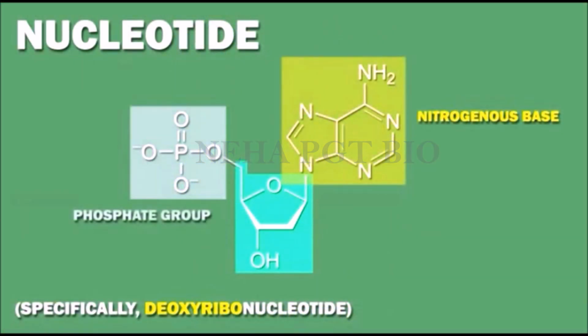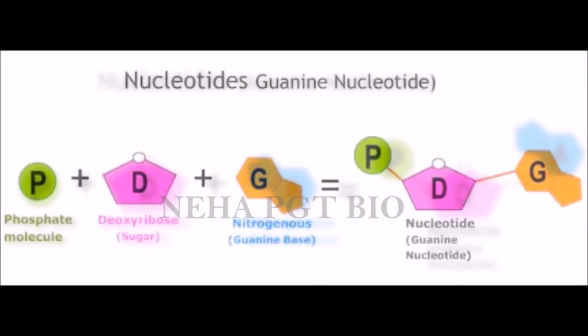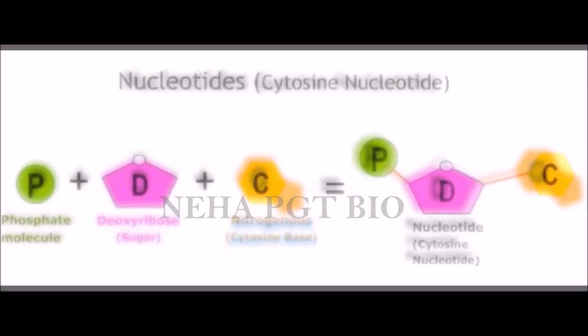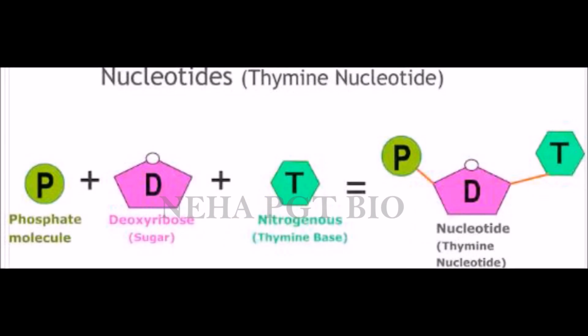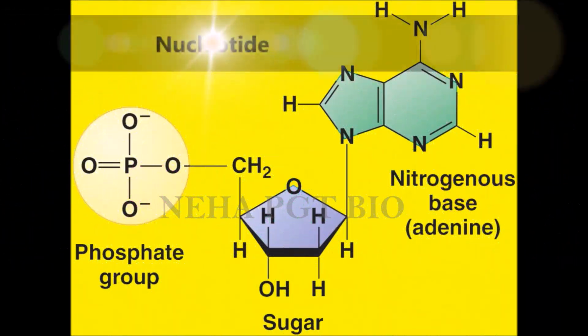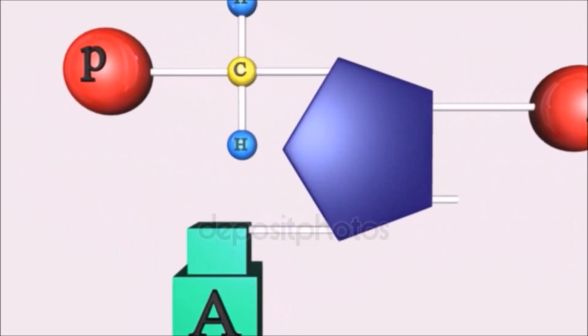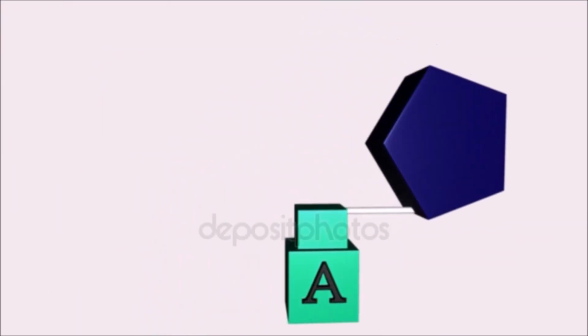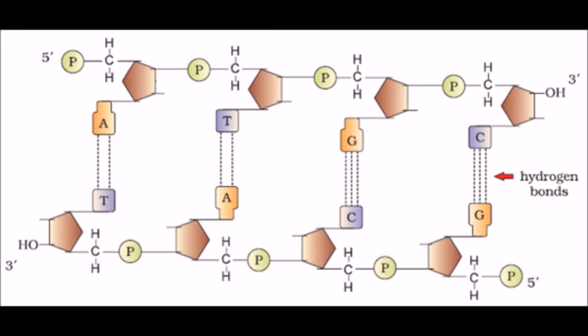We know that one unit of a DNA molecule consists of deoxyribose sugar, one nitrogenous base, and one phosphate group. These three components together form a nucleotide. The double helix structure of DNA is made up of two polynucleotide chains.